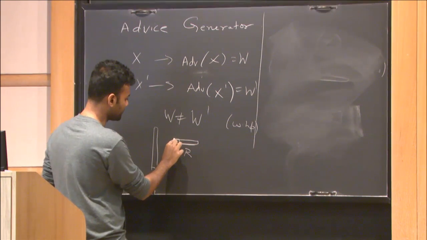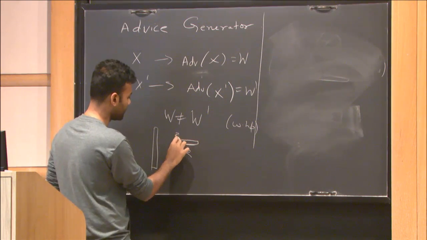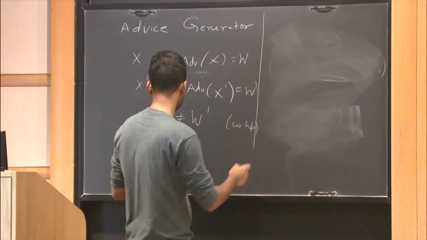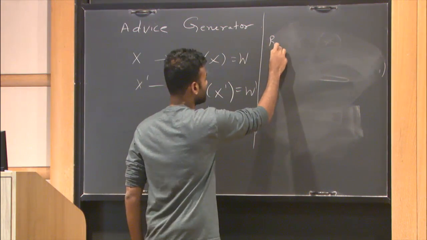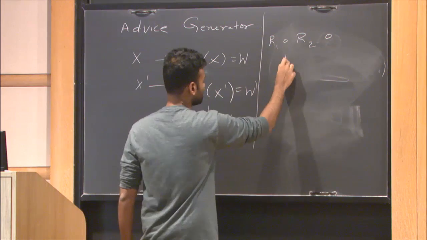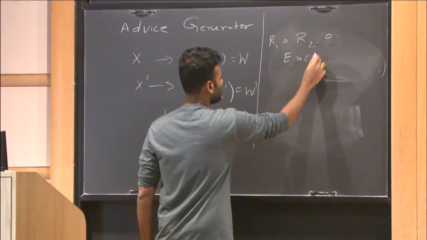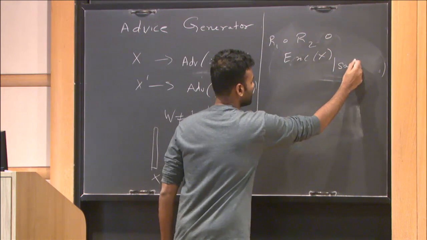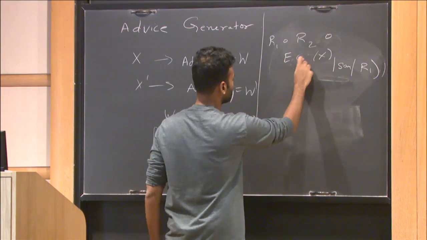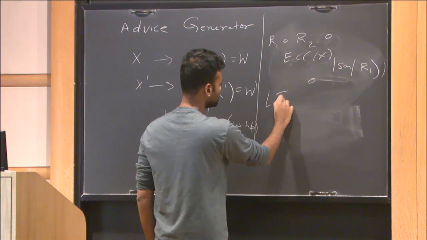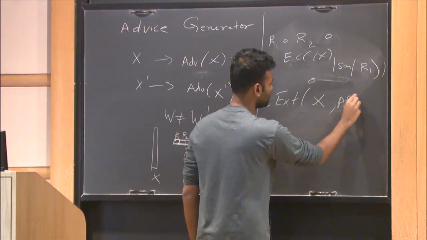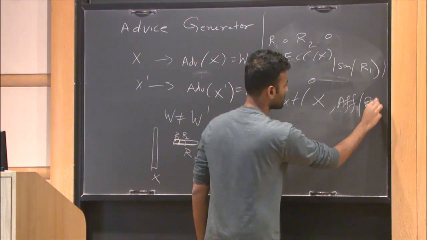Then you can take a small slice of r, call it r1, another slice r2, like small chunks. And then your advice would be r1 with r2 with, you encode x and sample using r1, encode x using a good error correcting code, and then use a linear seeded extractor on x with an affine extractor on r2.